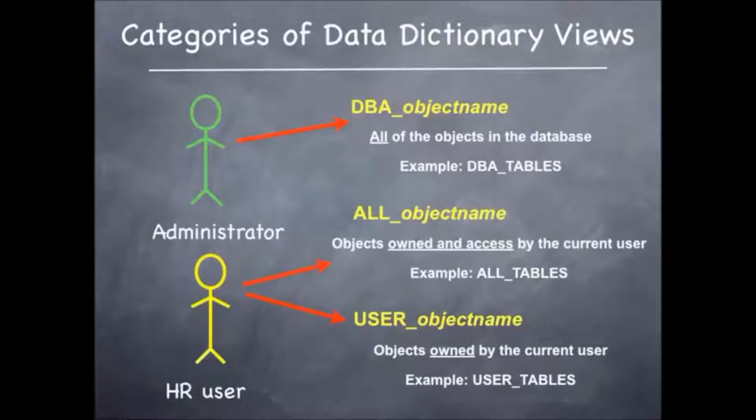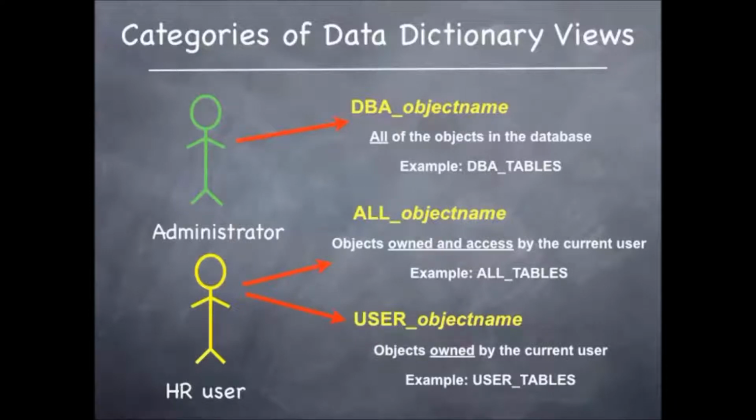The views with the prefix of USER_ contain information about a specific type of object that is owned by the current user. The ALL_ data dictionary views contain information about a specific type of object that is owned and accessible to a user.